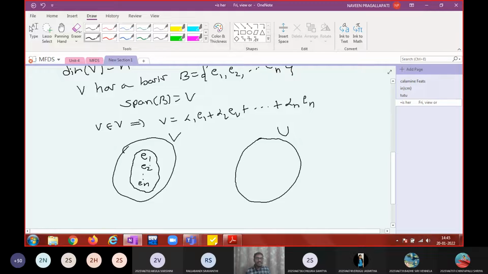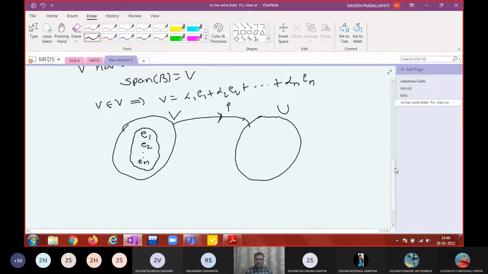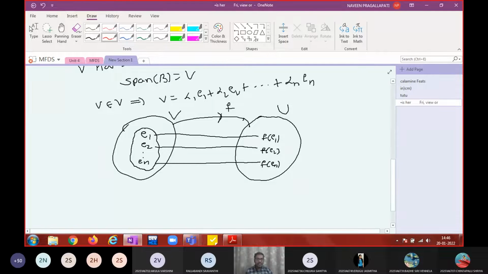And because you have a linear transformation f from V to U, each element of V is going to have an image in U. So E1 will be associated to f of E1, E2 will be associated to f of E2. That is nothing but the image of the basis element. So obviously En will be associated to f of En. And you can show that these image elements are actually going to span the image.